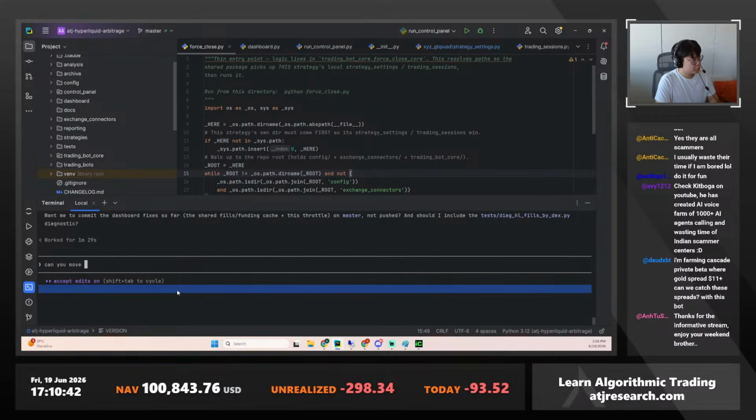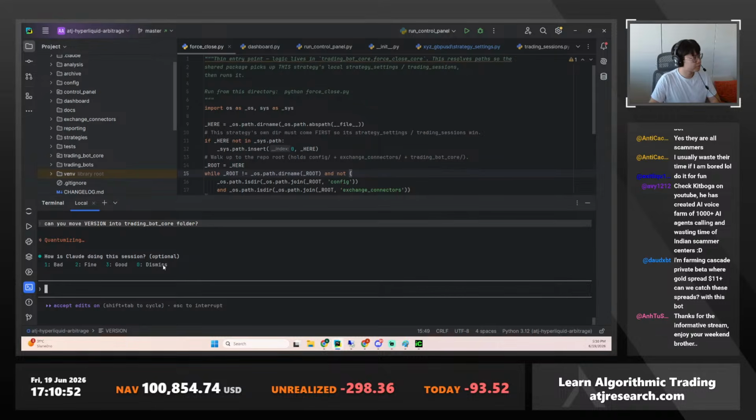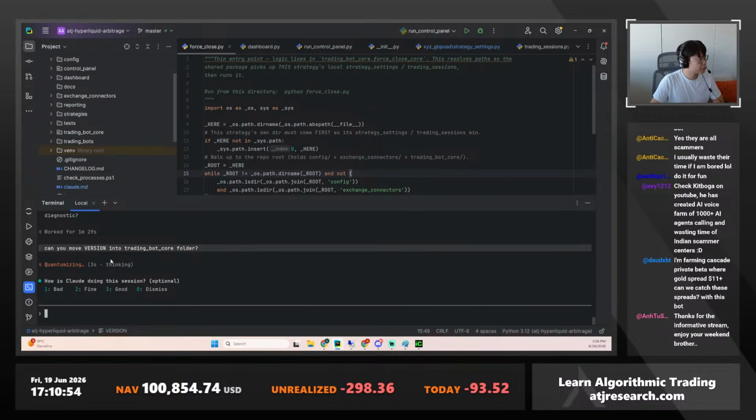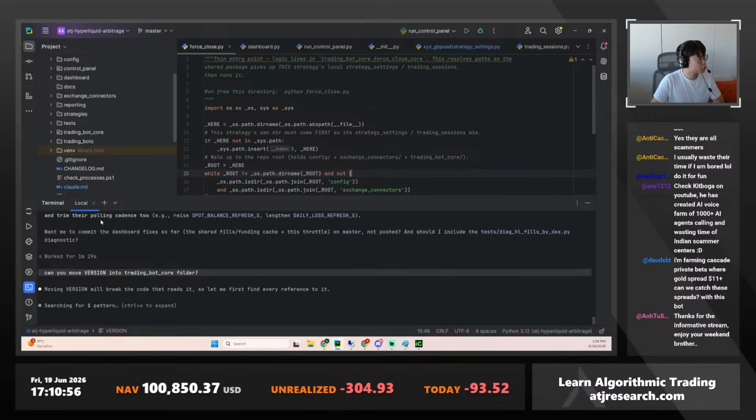Can you move version into trading bot core folder? So we're going to add the version into trading bot core.